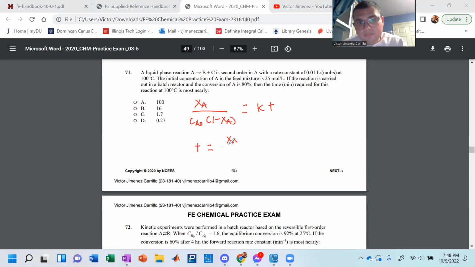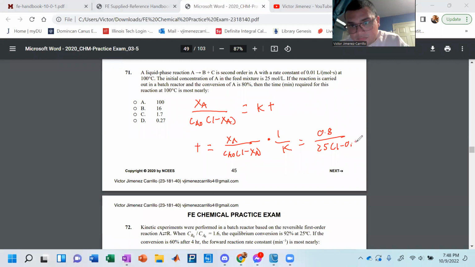XA divided by CA naught, 1 minus XA, multiplied by 1 divided by K. Plug in your numbers. It's going to be 0.8 divided by 25, 1 minus 0.8, multiplied by 1 divided by 0.01.